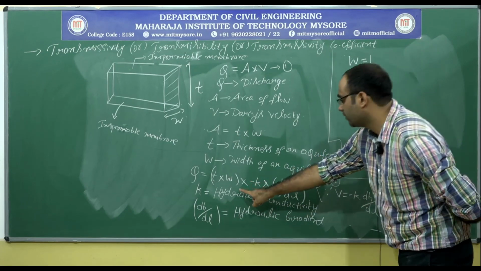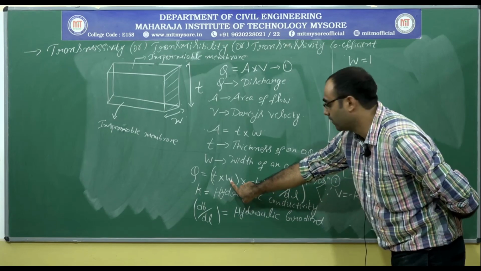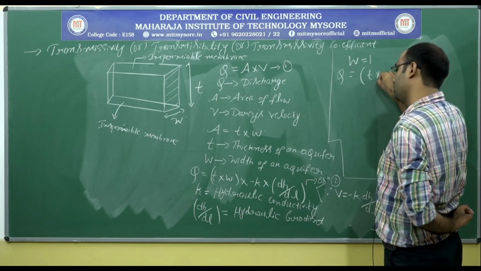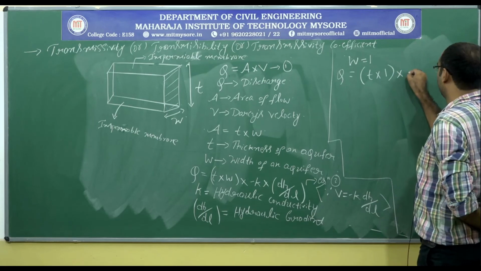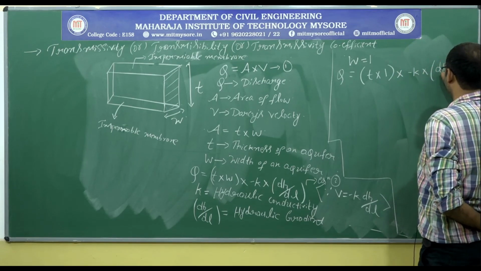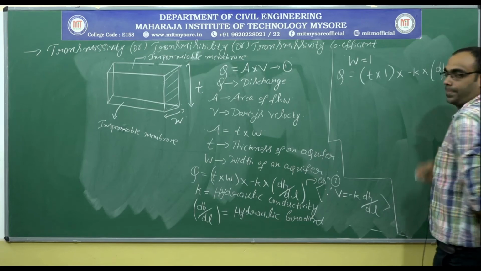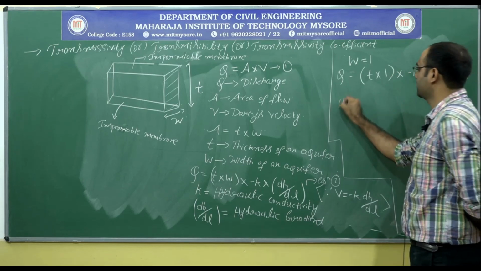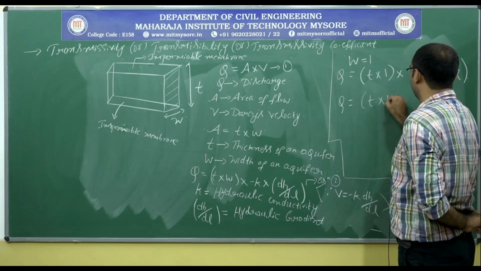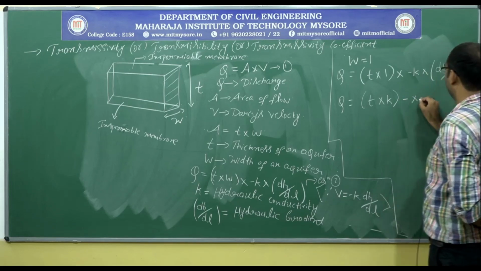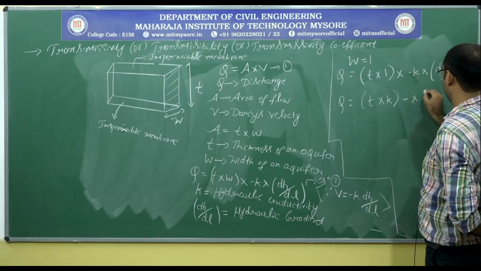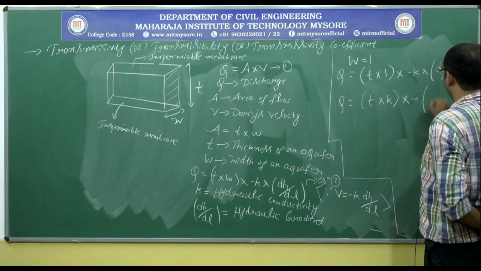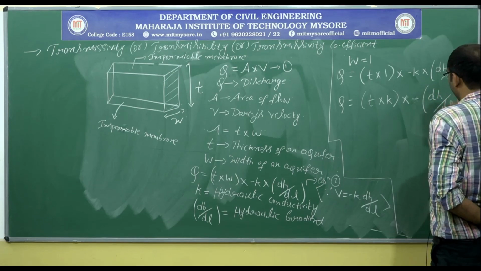So we will substitute 1 for W. So Q will be equal to what? T into 1 into minus K into dH by dL. Okay. So I will bring this K inside the bracket. So this Q will be T into K multiplied by minus of dH by dL.